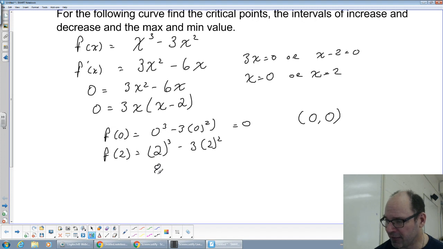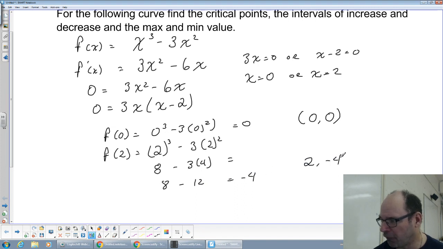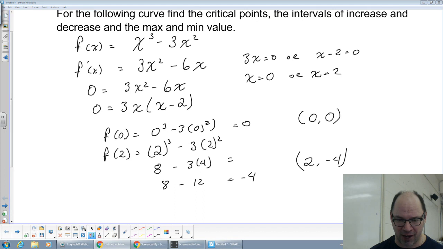This would be 8 minus 3 times 4, so 8 minus 12, which equals negative 4. So our other critical point is at (2, -4). There are our critical points for our graph. That's our first step.